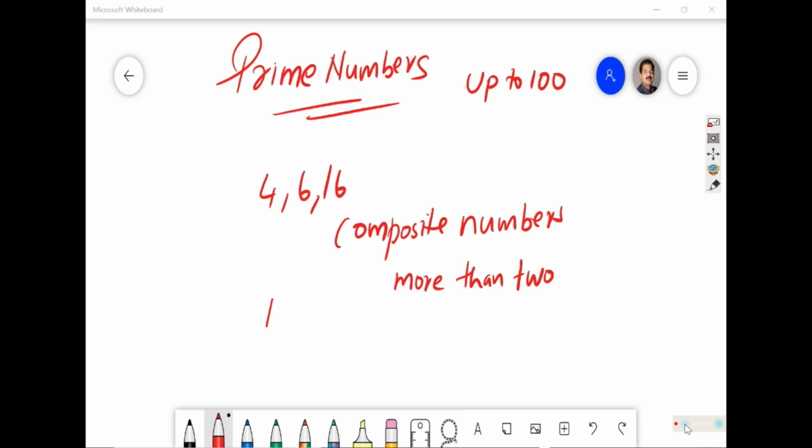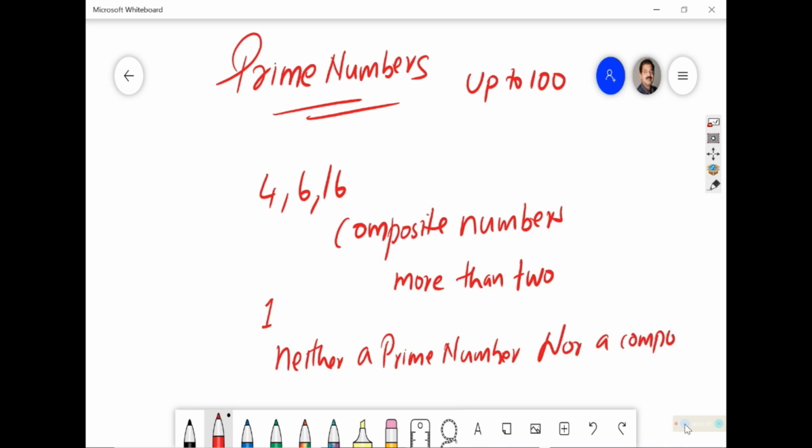It neither comes in that nor in a composite number. So we say that the number 1 is considered neither a prime number, nor a composite number. This you should keep in mind.